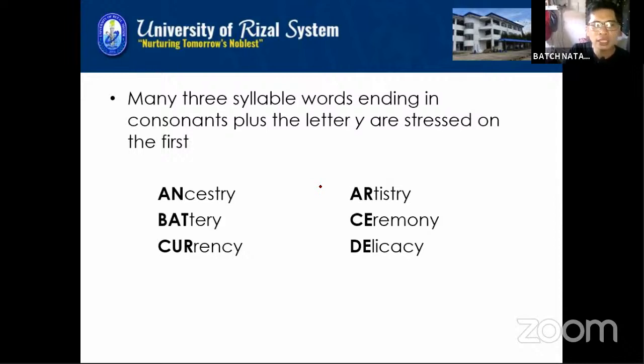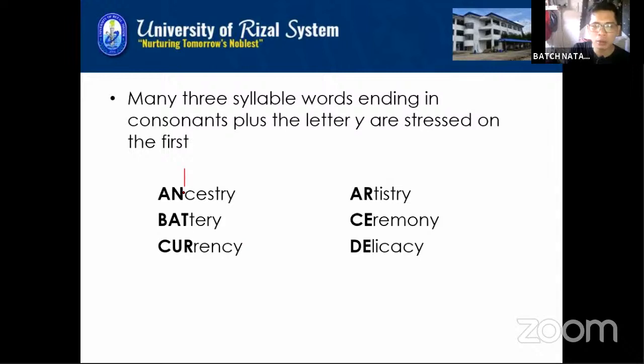Okay, so many three-syllable words ending in a consonant plus the letter Y are stressed on the first syllable. Ayan, isa pang palatandaan ninyo. Again, many three-syllable words ending in consonants plus the letter Y are stressed on the first syllable. We say ancestry.